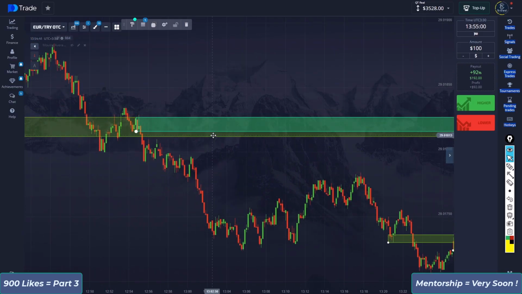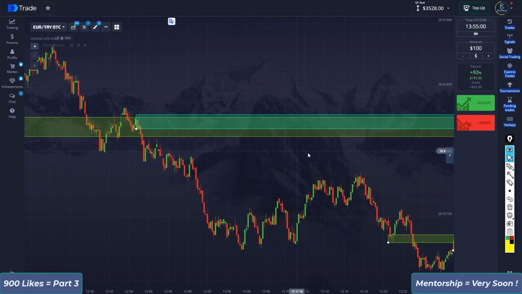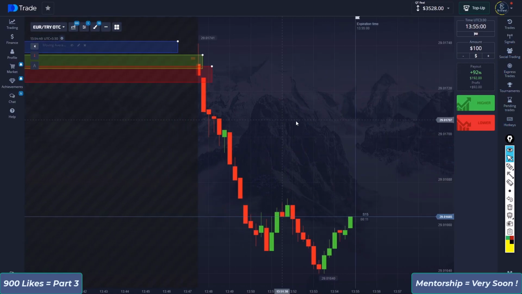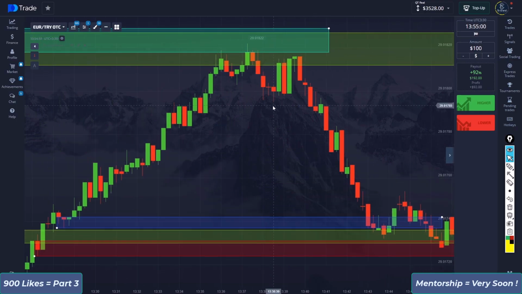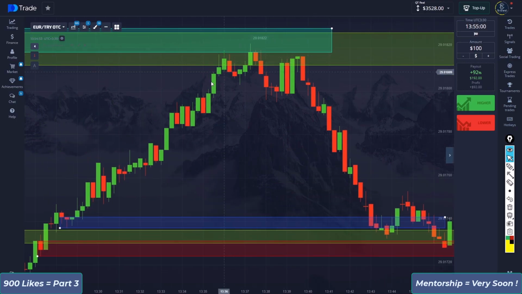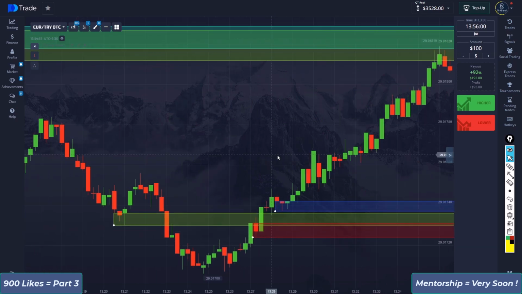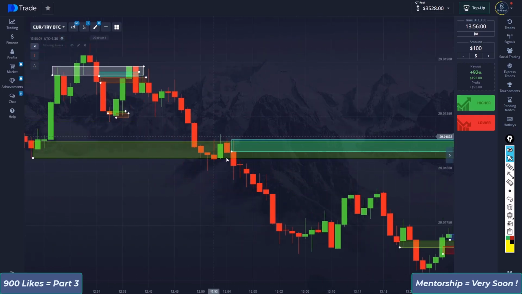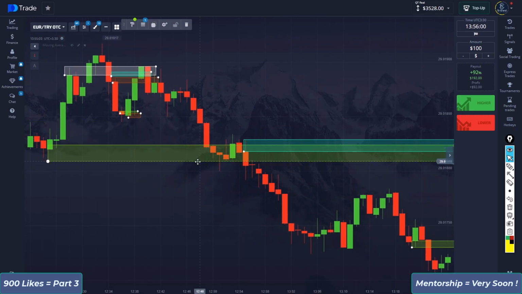You see how this precise entry right here, the market came down here, rejected first, and boom. But the market was trying to create this QM, okay? After the market came down, you see that we have a beautiful SPR. Hold on.